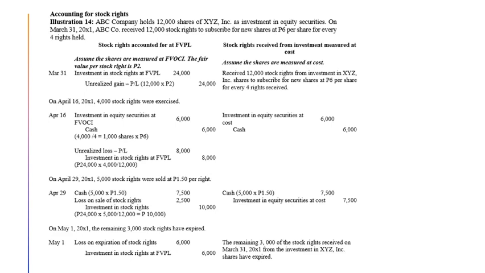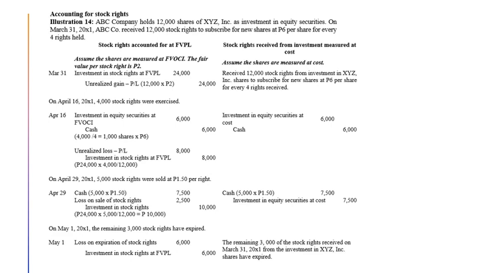Kung gusto natin yung mataas na proseso, pwedeng ganito. 24,000, i-divide mo siya by 12,000 stock rights. And then yung answer doon, makukuha mo yung per stock right. Okay? So, 24,000 divided by 12,000 stock rights, that would be 2 pesos. Then, 2 pesos times yung 4,000 na ginamit. So, that's 8,000. Pero mas mahaba yun, yung proseso.